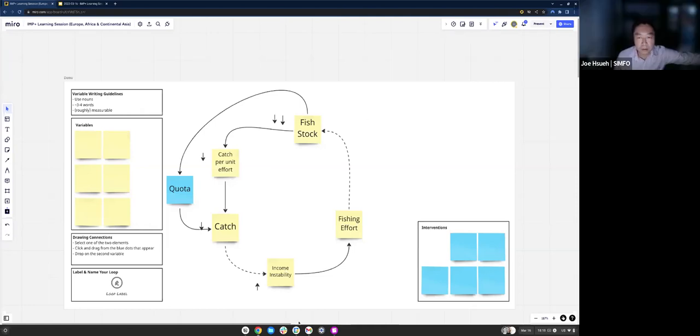In this case, we're thinking about what are the different interventions that can shift this reinforcing loop into a virtuous loop. What are some examples? For example, in the system, government provides subsidy, but if they provide fuel subsidy, what they do is actually increase fishing effort even more, right? So it's actually triggering this even more.